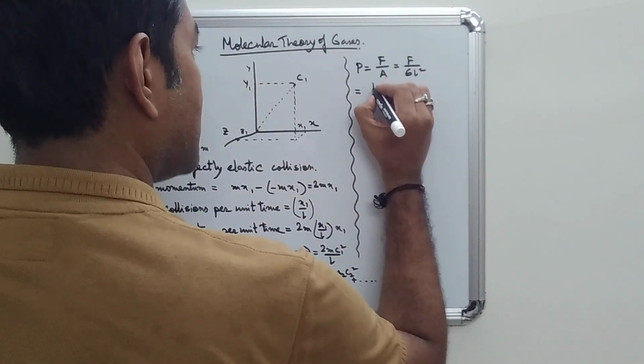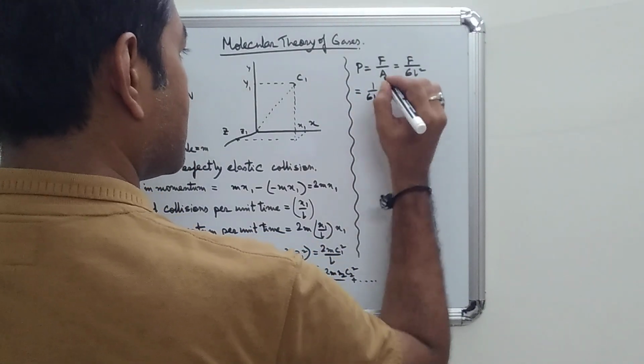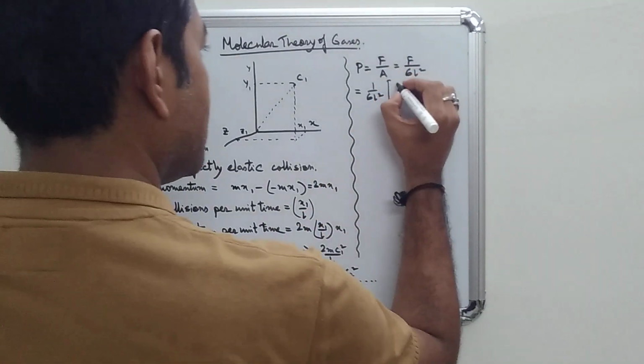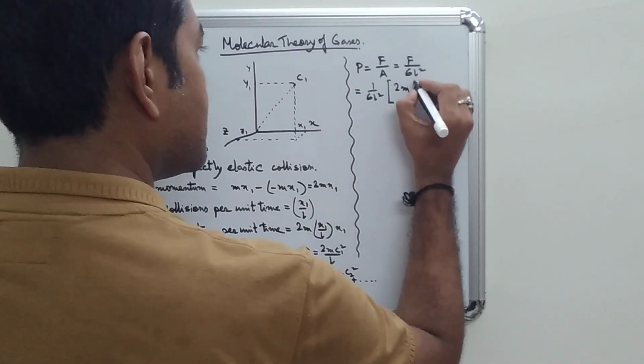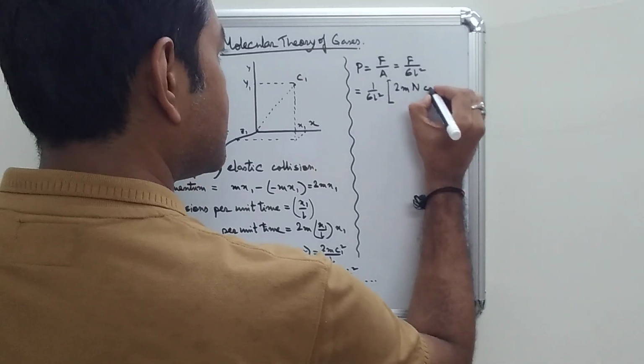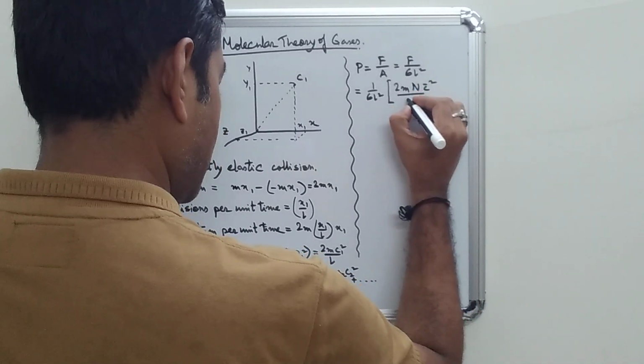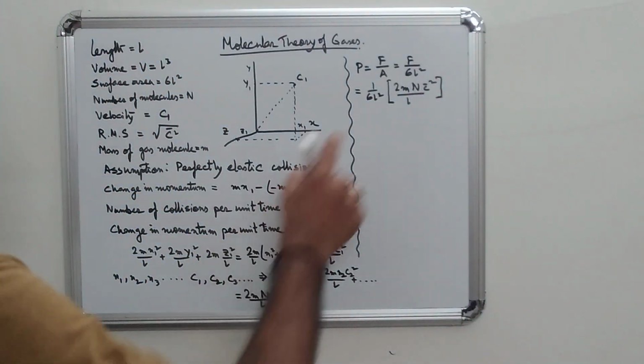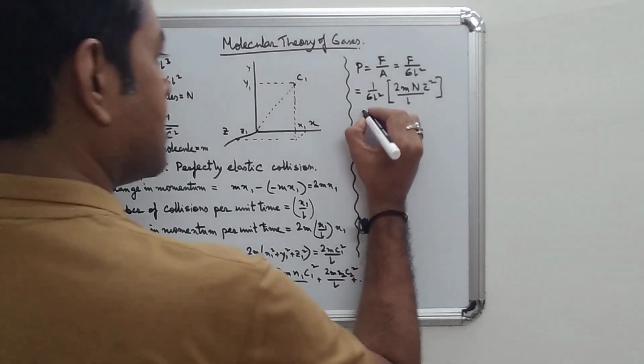Thus, 1 by 6L square multiplied by 2m capital N c bar square by L will be equal to pressure.